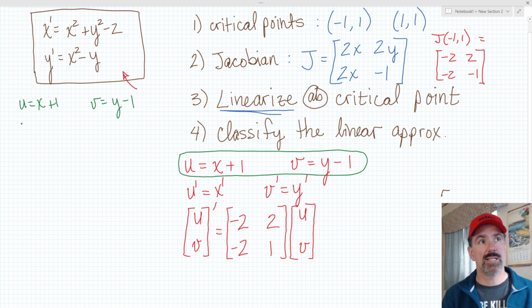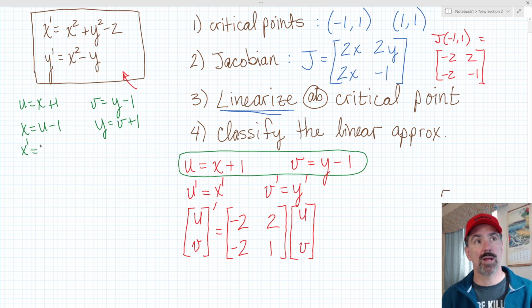Let me rewrite these solving for x. So x is u minus 1 and y is equal to v plus 1. And then let me also note the derivatives. x prime is equal to u prime and y prime is equal to v prime. What I'm going to do is substitute all of this information into the system of differential equations.